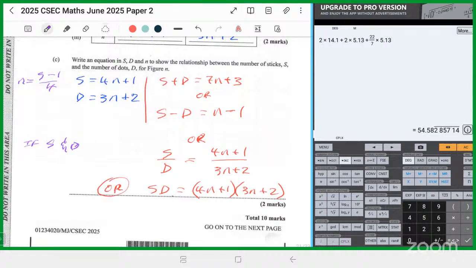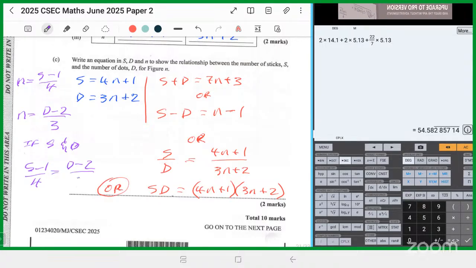And the N from this one, we subtract the 2 and then divide by 3, so the N from this one would have been D minus 2 over 3. Because N equals this and N equals that, then we could have eliminated the N by equating these two. And we will have gotten that S minus 1 over 4 equals D minus 2 over 3.